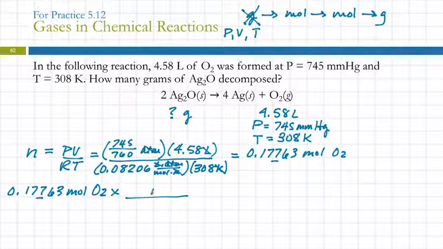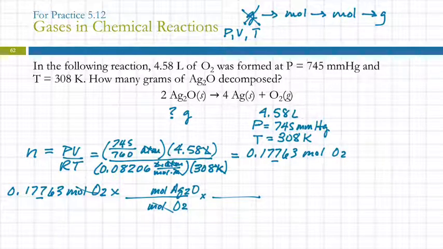So for moles of oxygen, I'm going to moles of Ag2O. I'm dividing by moles of oxygen, so those units cancel. And then my next step is I'm going to grams of Ag2O divided by moles of Ag2O.